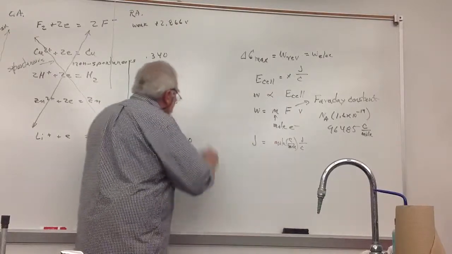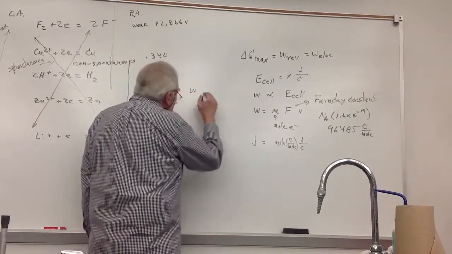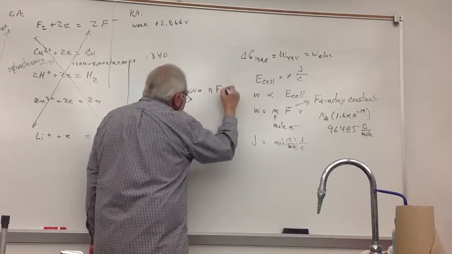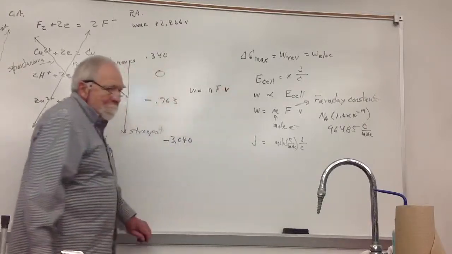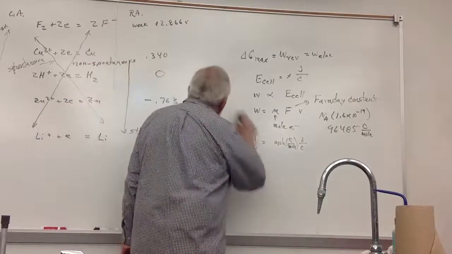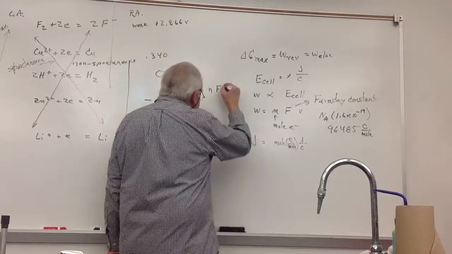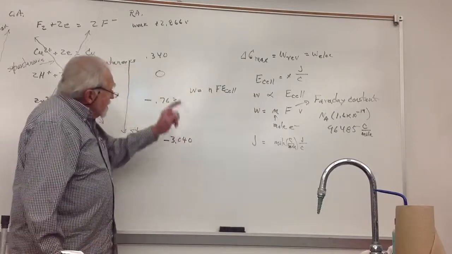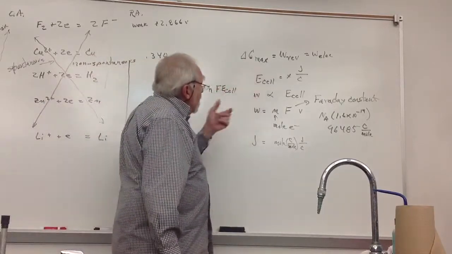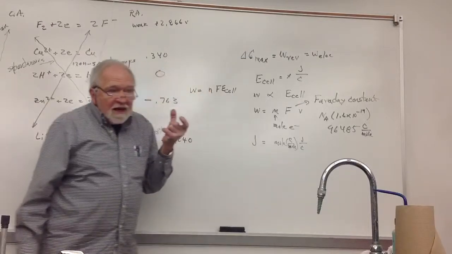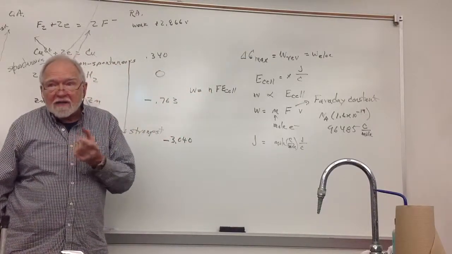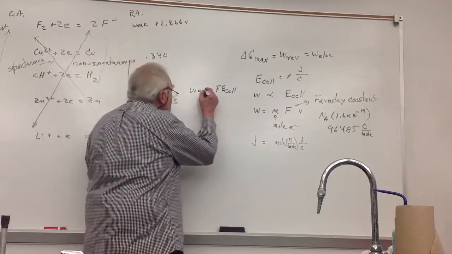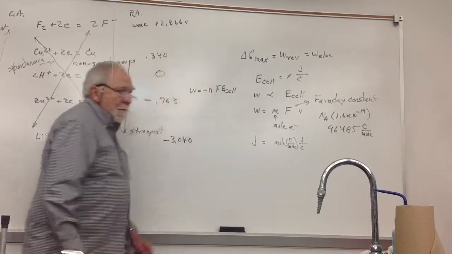So now we can get work. W stands for work, and it is equal to moles of electrons, Faraday constant, cell potential. When we put this into this equation, we have to talk about the fact that the cell does work on the surroundings. So the free energy change of the cell decreases, so we have to put a minus sign in here.